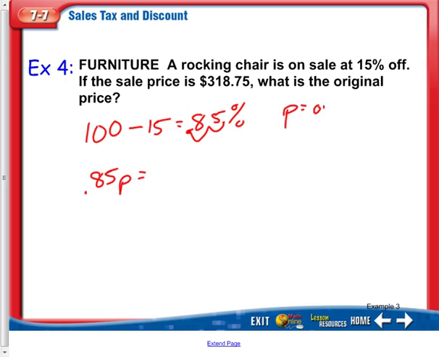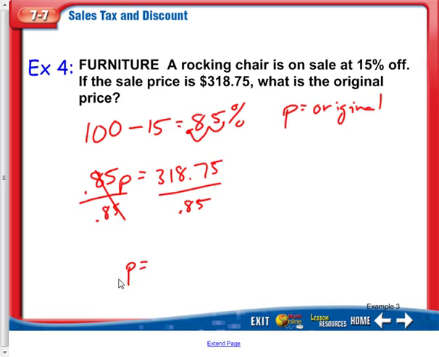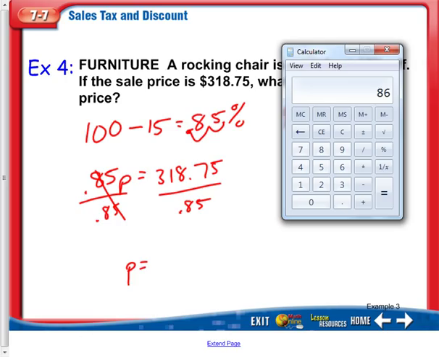So P equals original, and that equals $318.75. So now to solve, we need to divide by the coefficient, 0.85. So we're going to get P is equal to 318.75 divided by 0.85. And that means that the original price was $375.